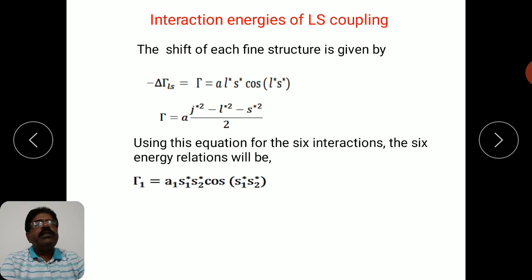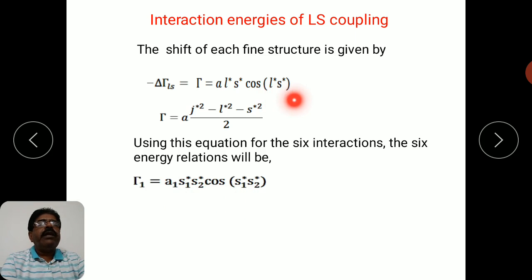So the first interaction is among S1 and S2. Therefore this equation we can modify as gamma 1 equal to A1, where instead of L and S we have S1 and S2, since the interaction is between S1 and S2. So gamma 1 is equal to A1 S1 star S2 star cos of S1 star S2 star.